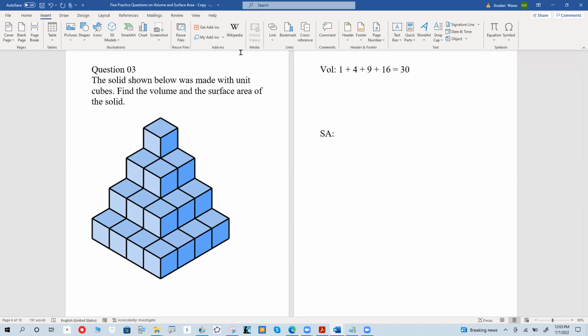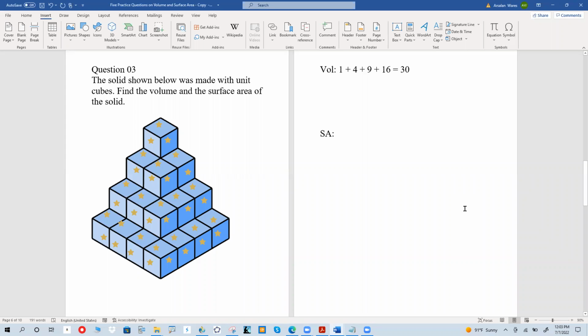Let's try to find the surface area. Again, I will first count the ones I can see, then I'm going to carefully count the ones I cannot. 1, 2, 3, 4, 5, 6, 7, 8, 9, 10, 11, 12, 13, 14, 15, 16, 17, 18, 19, 20, 21, 22, 23, 24, 25, 26, 27, 28, 29, 30, 31, 32, 33, 34, 35, 36. Again, I'm finding the surface area.